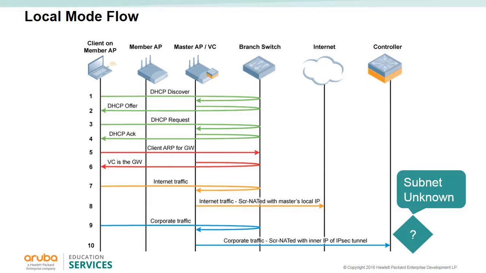However, connections cannot be initiated from the corporate destination to the client in local mode. This is one reason why this mode is not typically used in employee networks, because devices are not reachable from your corporate network. It is mostly used in local deployments.